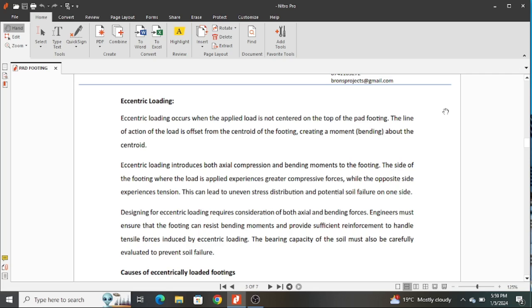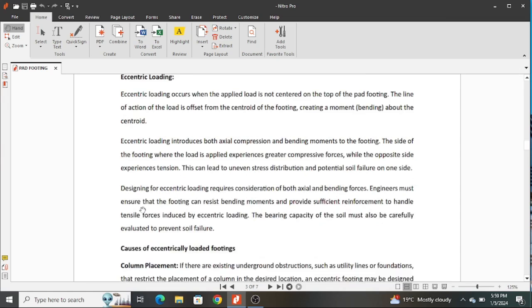The side of the footing where the load is applied experiences greater compressive forces, while the opposite side experiences tension.